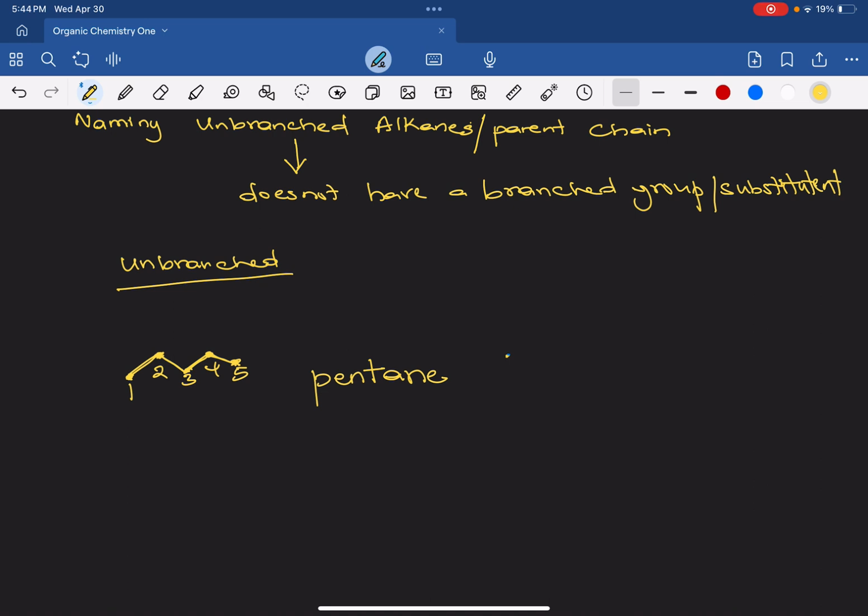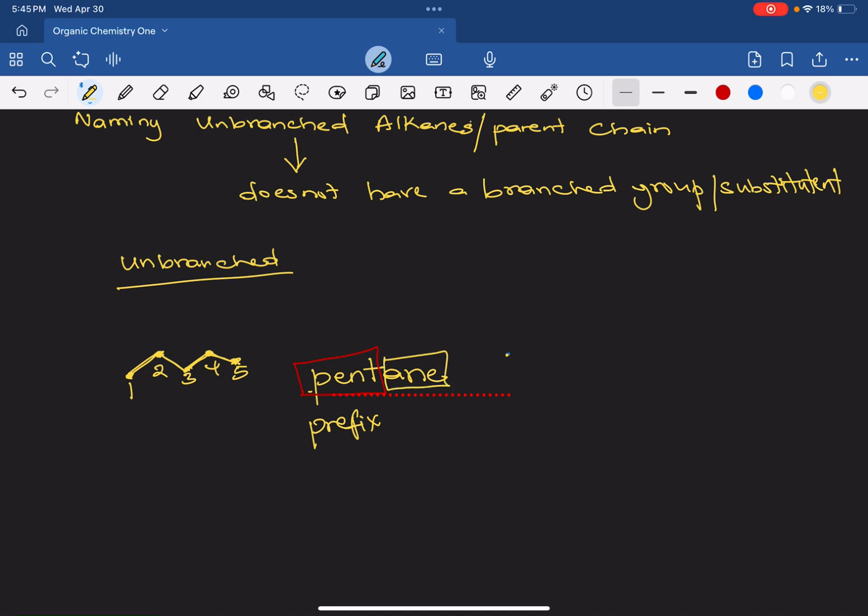That's how you name your unbranched chain. So your unbranched chain, the name has a prefix, and it has a suffix.